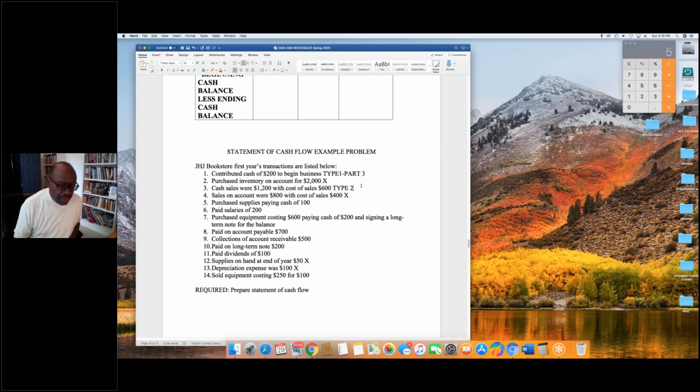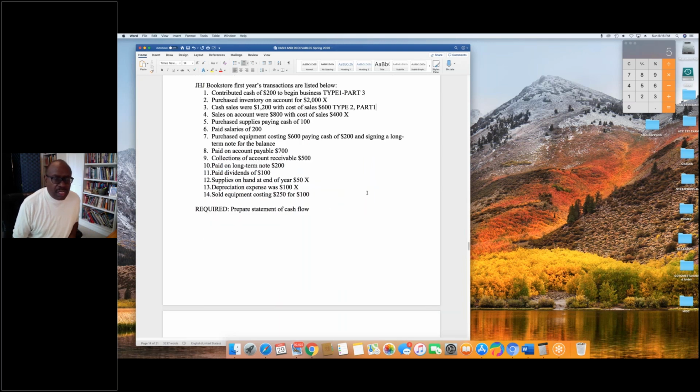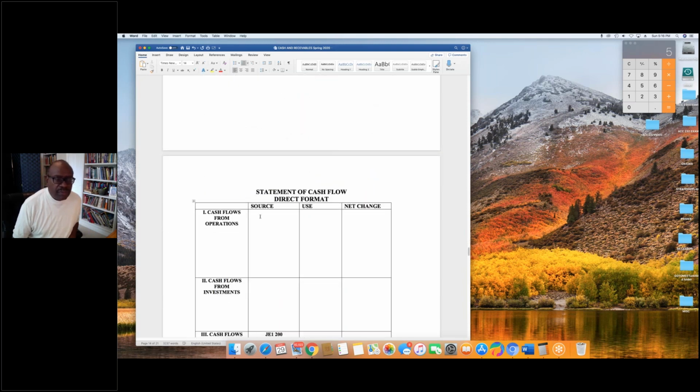This is a type 2 journal entry that's going to go into part 1 of the statement. So we get the 1,200, and that's journal entry 2.